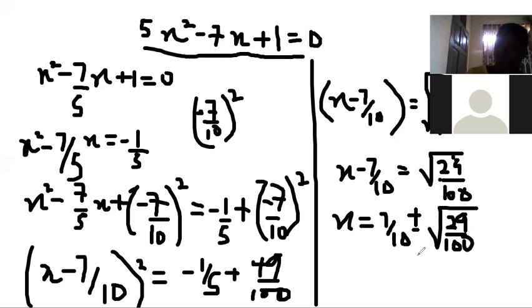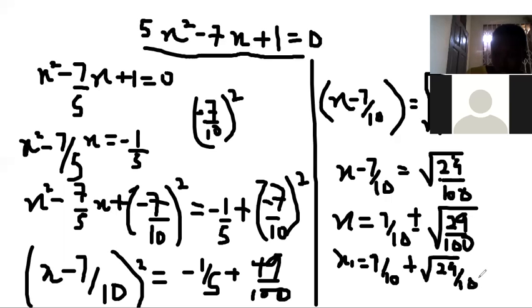When you get it, you can use your calculator. So you either add or you subtract. So the first x, maybe x1, will be equal to 7/10 plus root 29/10.